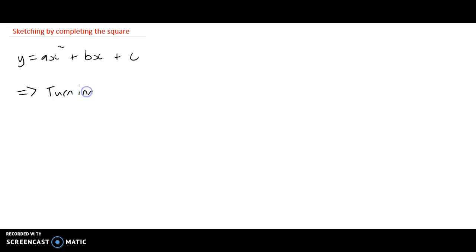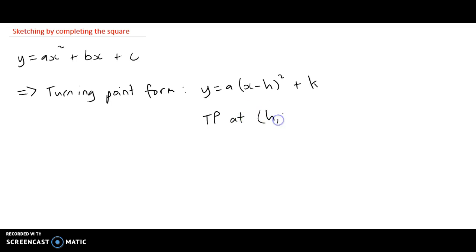Turning point form takes the form of y equals a(x minus h) squared plus k, where the turning point is at (h, k), so you can see the h and the k there in turning point form.